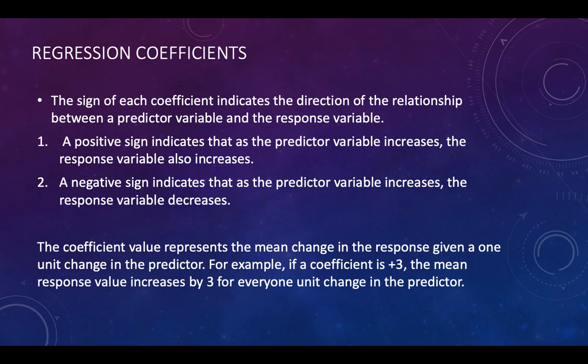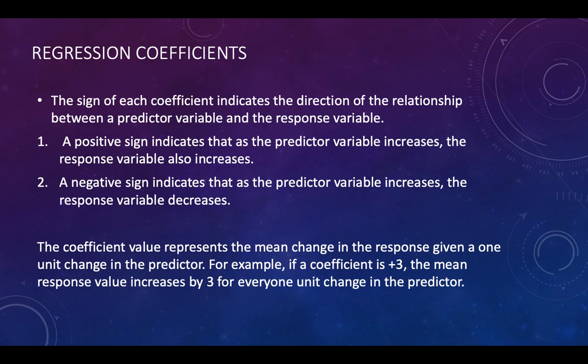In the last example, 3x plus 5, the value of 3 may be positive or it may be negative. If the sign is positive, then as the predictor variable increases, the value of y obviously increases, so the response variable also increases.